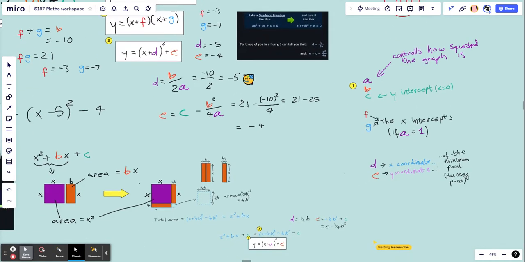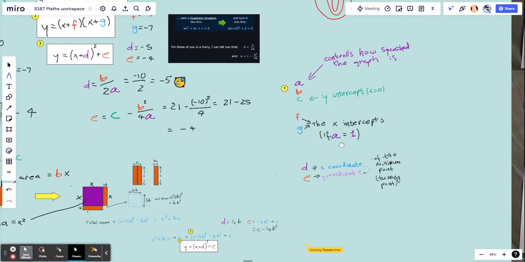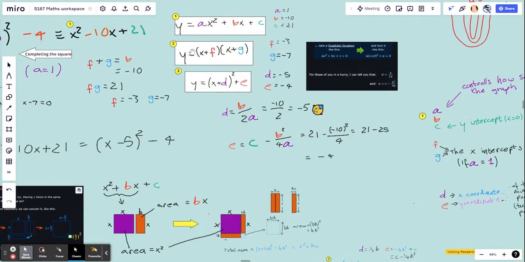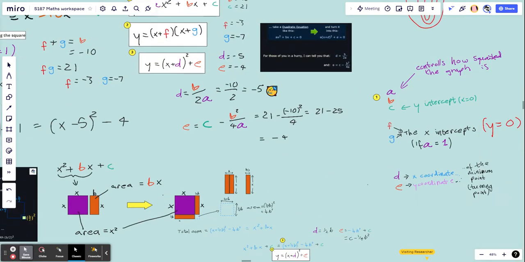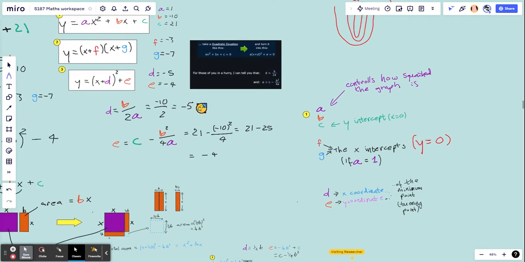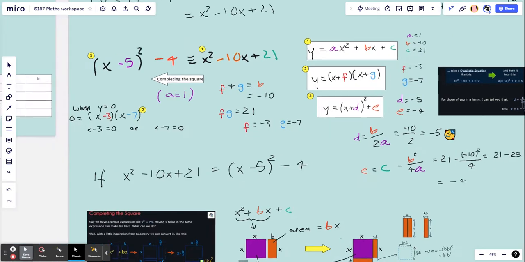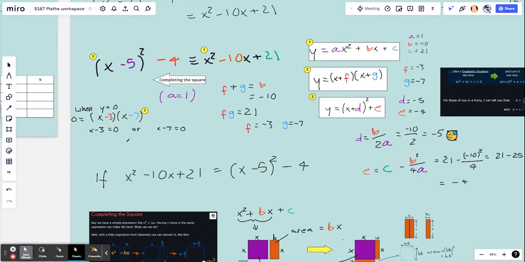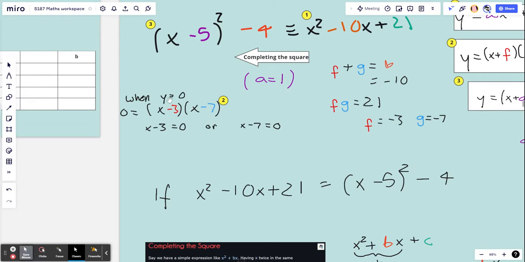F and G are related to the x-intercepts, because the x-intercept is not when x equals 0, it is when y equals 0. Let me show you what I mean. If I take the example that we've got up here, when y equals 0, x minus 3 is equal to 0, or x minus 7 is equal to 0.